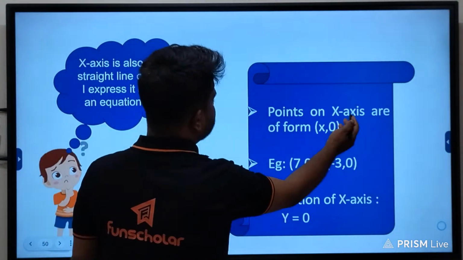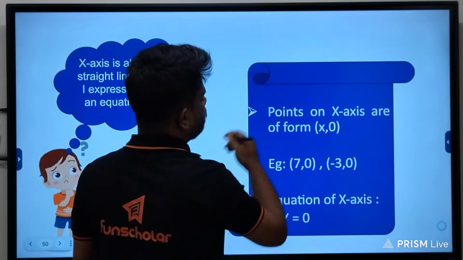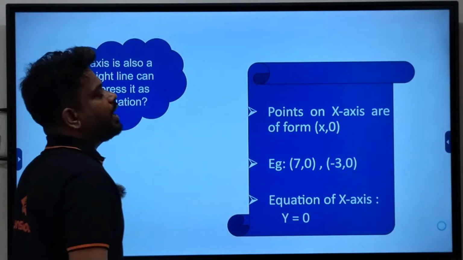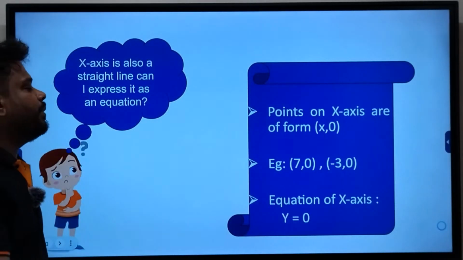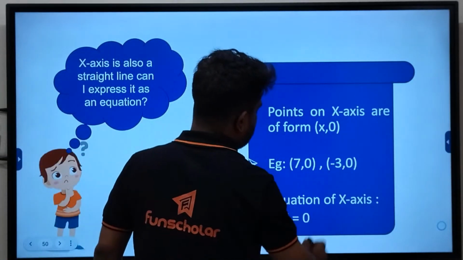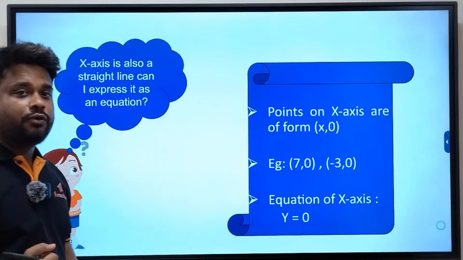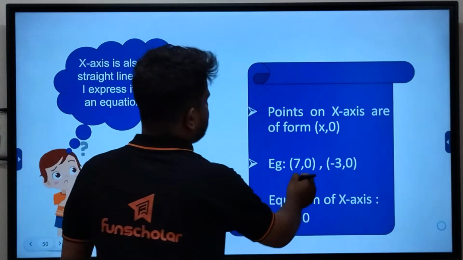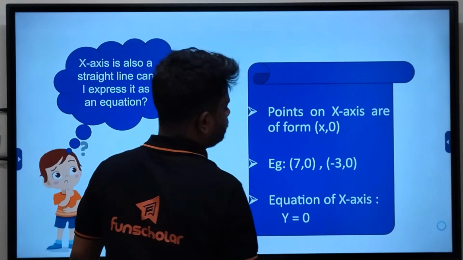Okay, so points on the x axis are of the form x comma 0, like 7 comma 0 and minus 3 comma 0. So every point has this kind of form. What we get from this is that any point on the x axis has 0 in the y part.